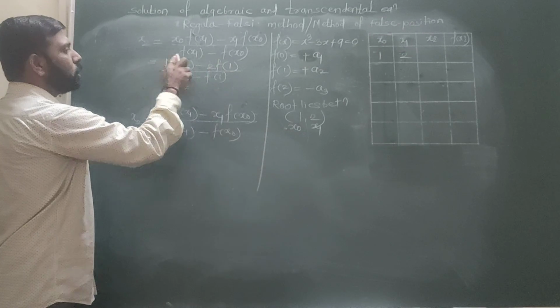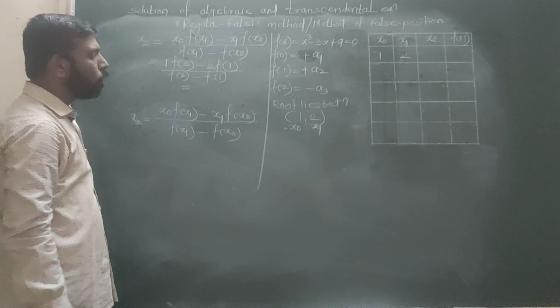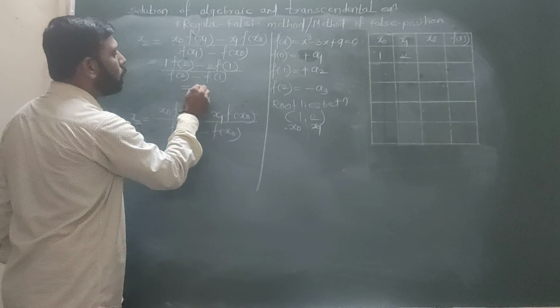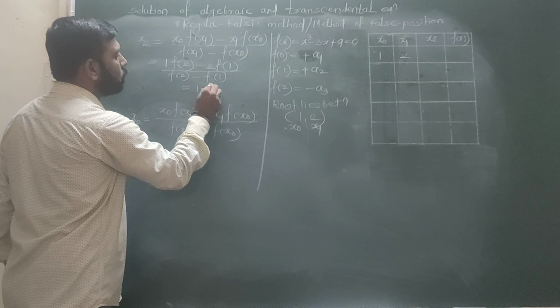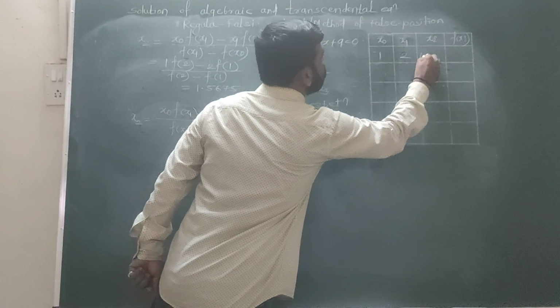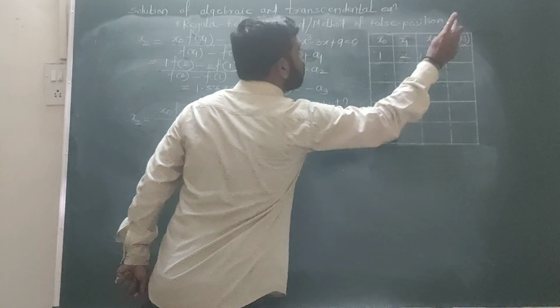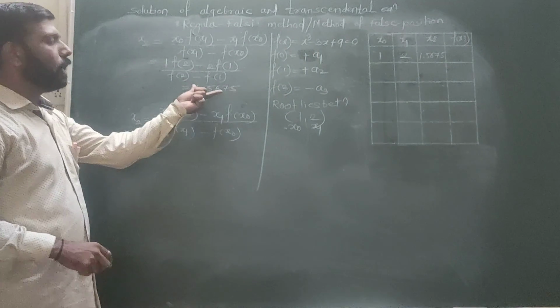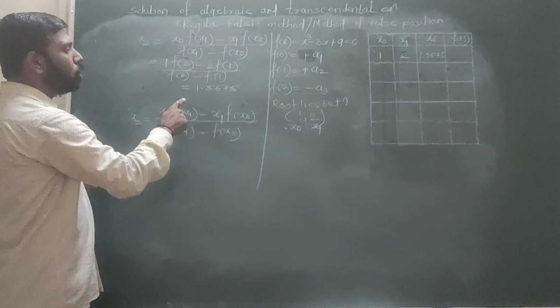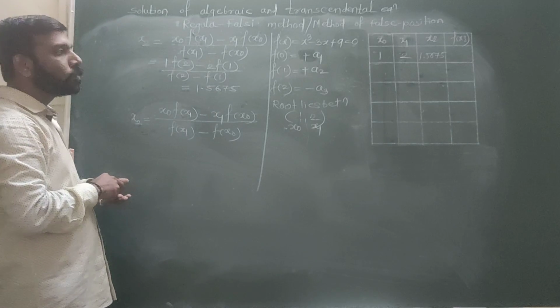Calculate all these expression values by using the given polynomial, and suppose that value we got in this interval is 1.5675. For consideration I am taking a random value, but that value must be in the interval 1 and 2. So we got this value.